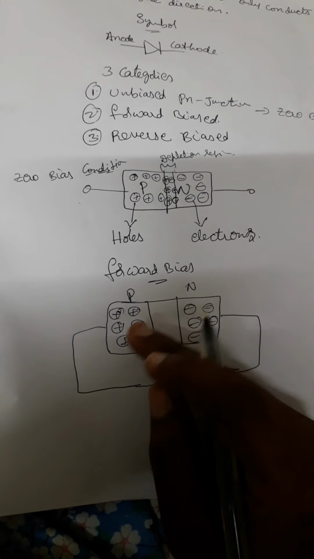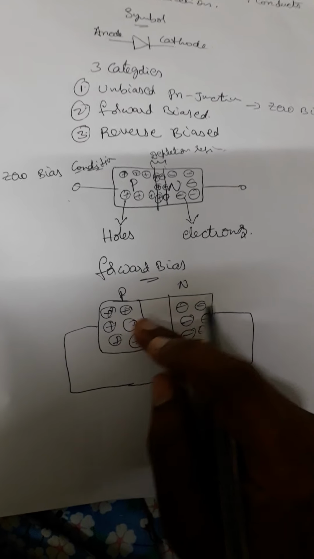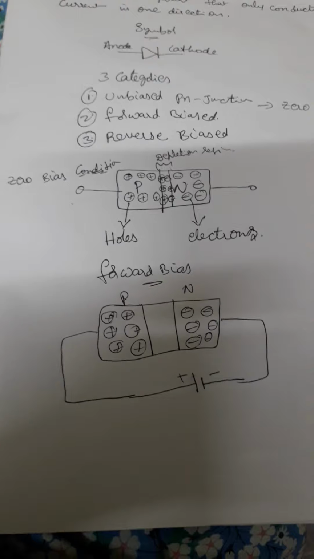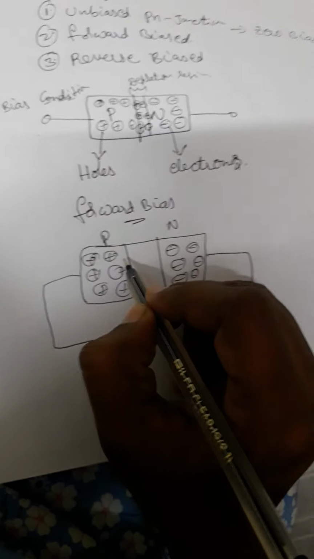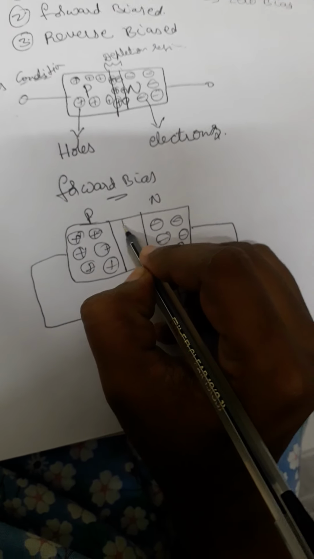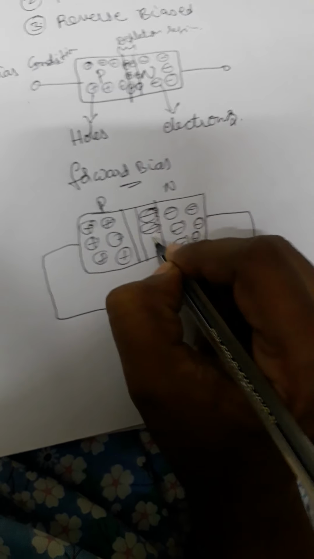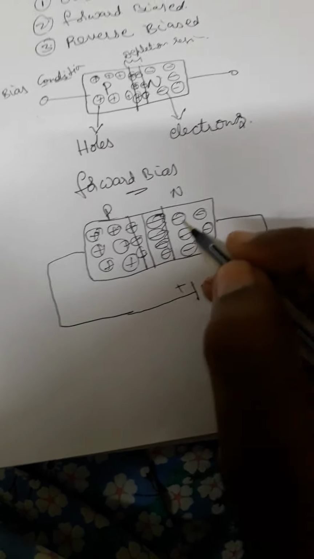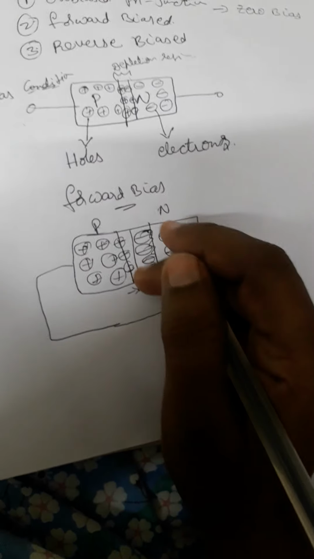In this condition, the width of the depletion region decreases due to the reduction in the number of positive and negative ions. Here, the depletion width is very low.